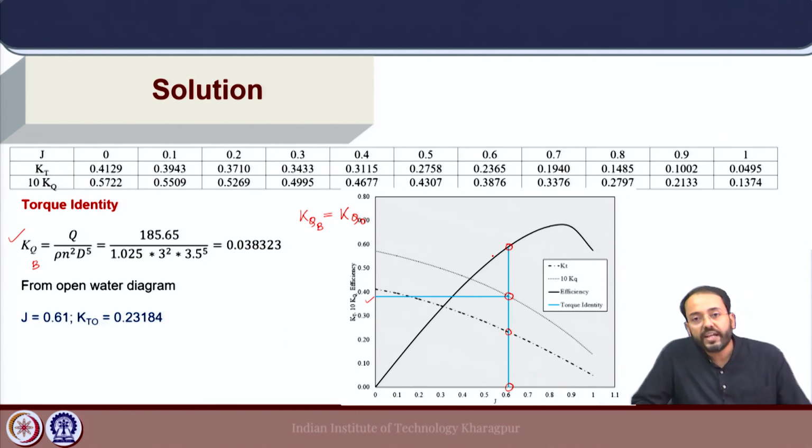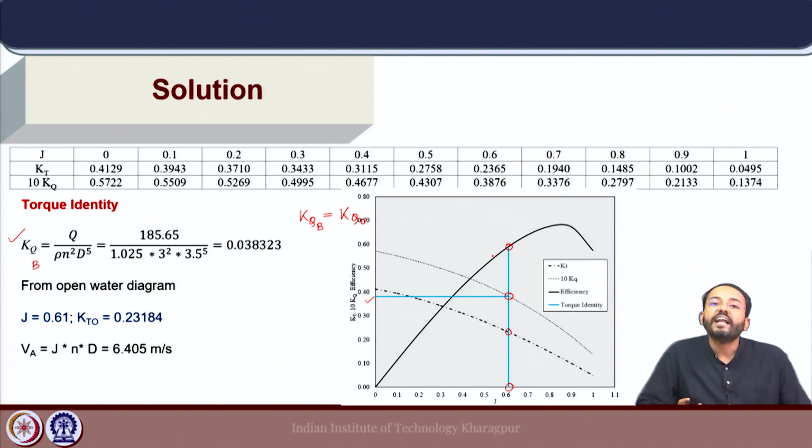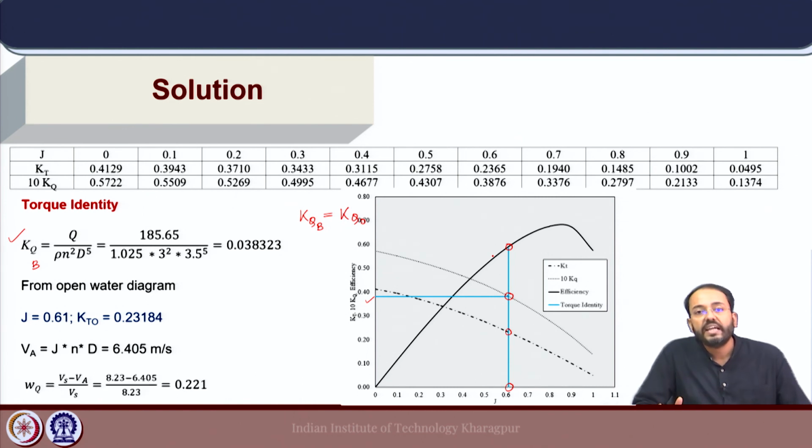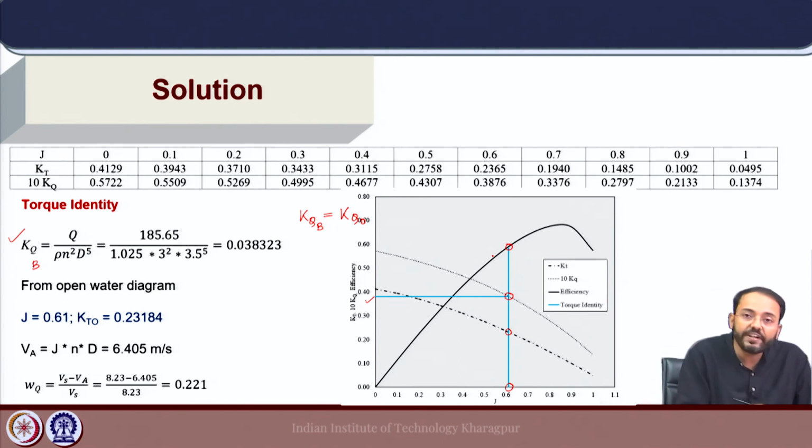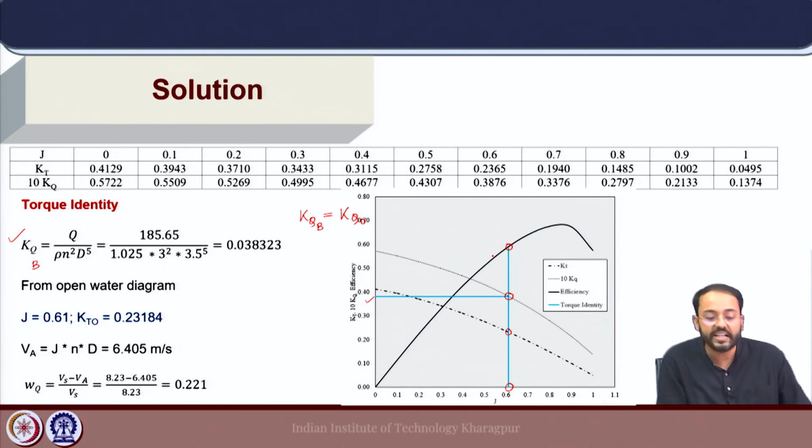So, in a similar way we get the value of the advance coefficient and KTO, and from the value of J we calculate the advance speed, and finally from the advance speed we use the value of ship speed to calculate the wake fraction, the effective wake fraction by torque identity written as W with a suffix q, and we see that the value is slightly different from the value obtained using thrust identity.